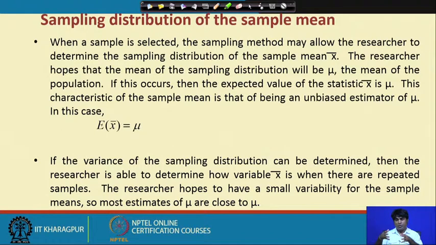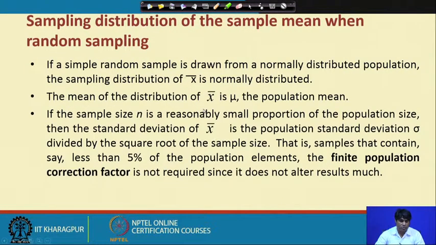So ultimately touching the population is very difficult, but doing the analysis at the sample and sampling distribution level is very easy, and that is the process you can call the best process of estimation and inference.